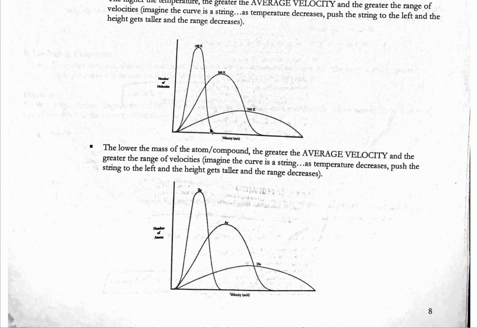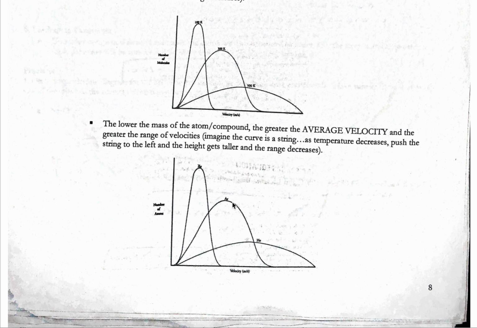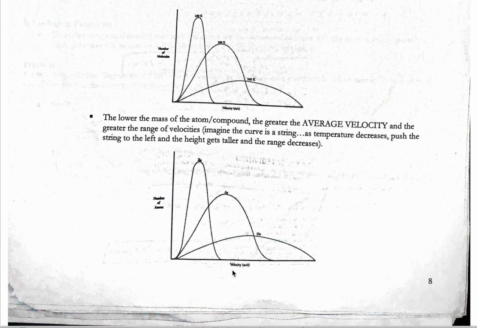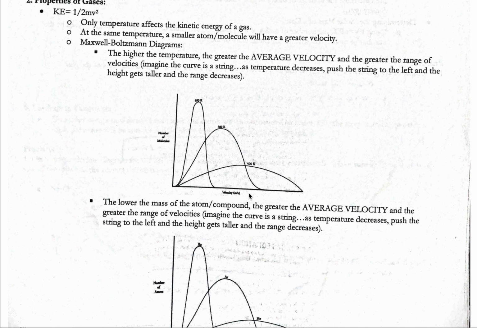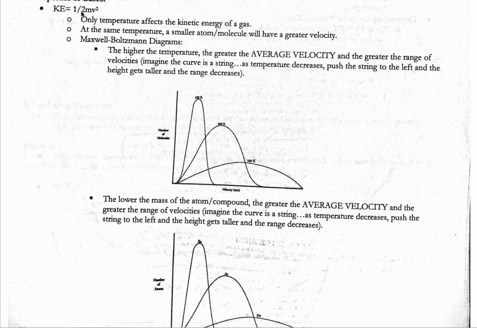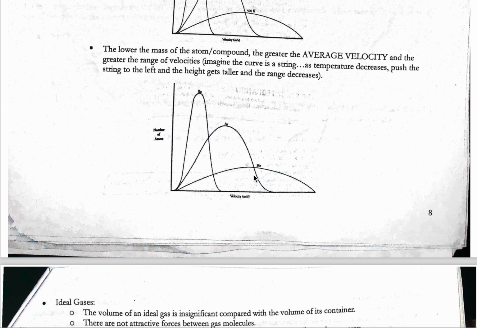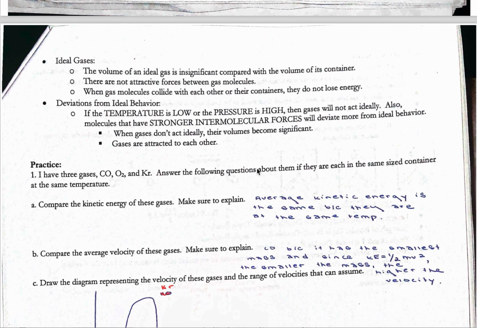So imagine it's a string. If I did the same thing, but instead I was doing different sized particles, remember that while your kinetic energy is only affected by temperature, the smaller your particle is, the faster its velocity is going to be, because your kinetic energy is 1/2 mv squared. I showed that right up there. Okay, so helium is going to be, on average, the fastest, simply because it has the smallest mass.